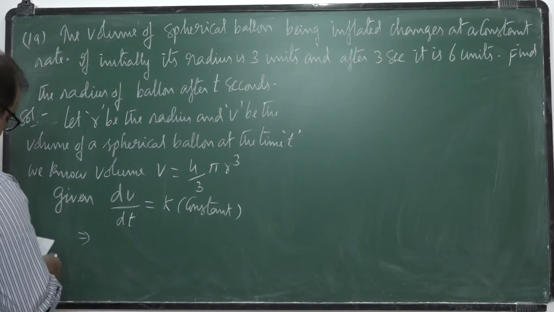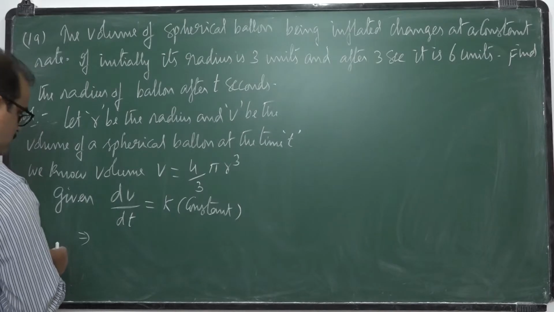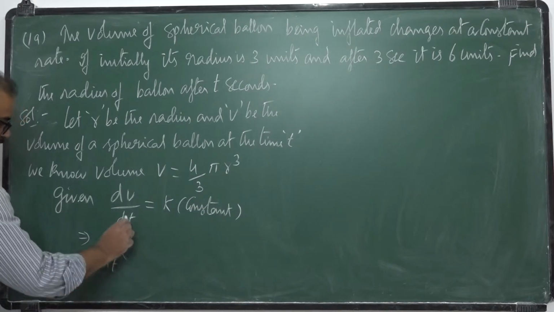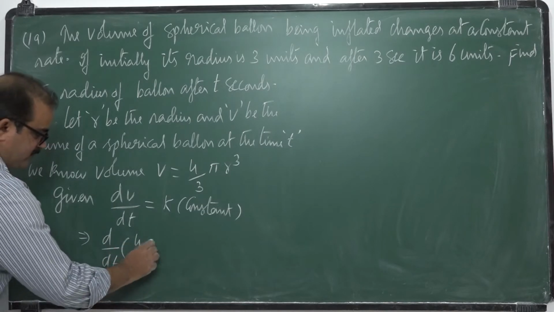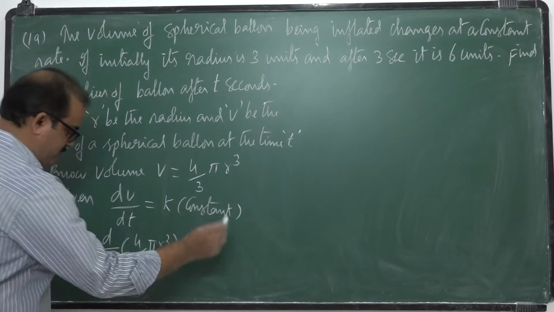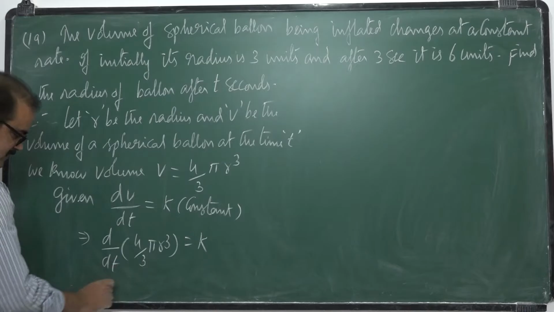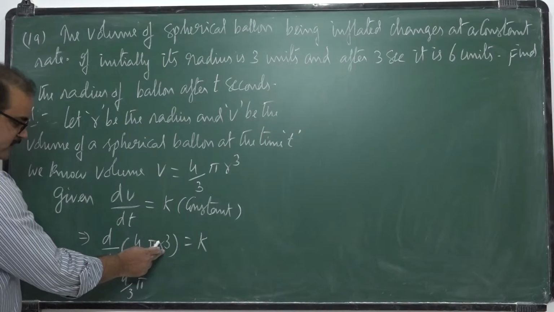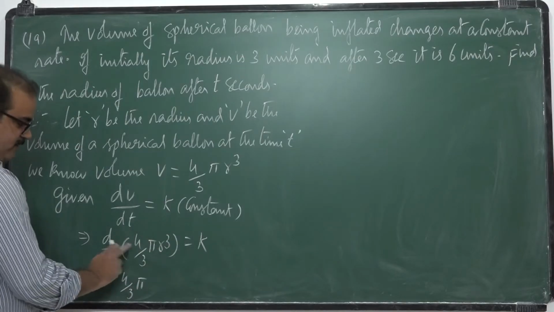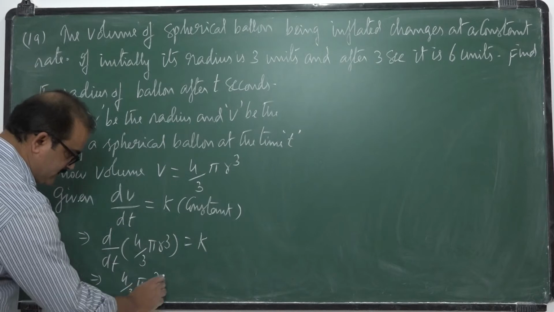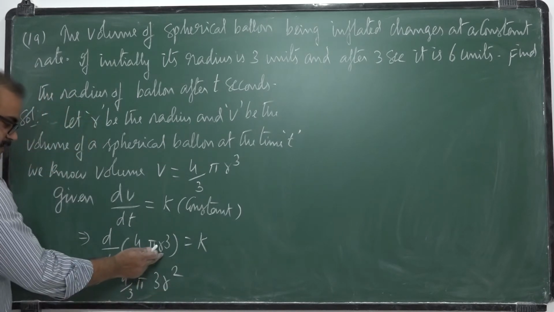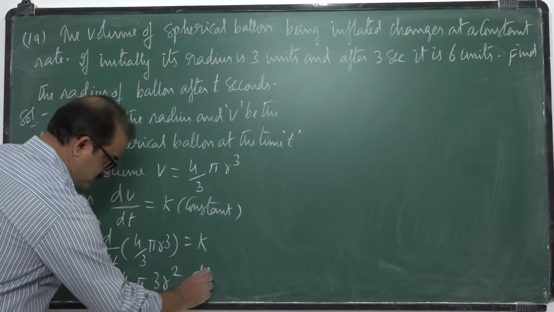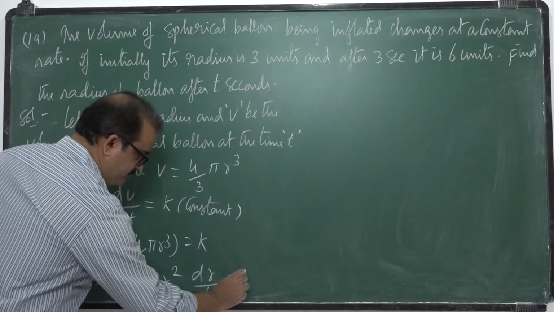Now solving this equation. d by dt of V, with V equal to 4 by 3 pi r cube, is equal to k. Here 4 by 3 into pi is constant. d by dt of r cube is in the form d by dx of x power n, that is 3 r square, but here the function is in terms of r and the variable is t, so we write into dr by dt, equal to k.